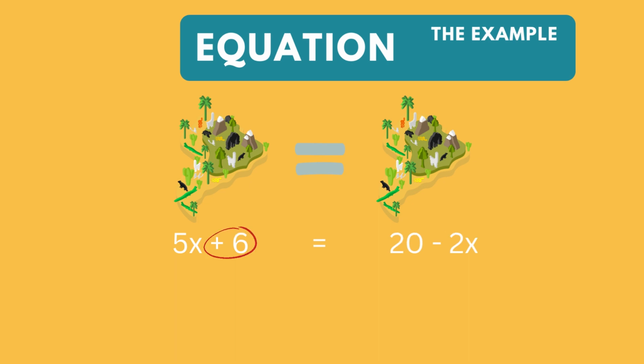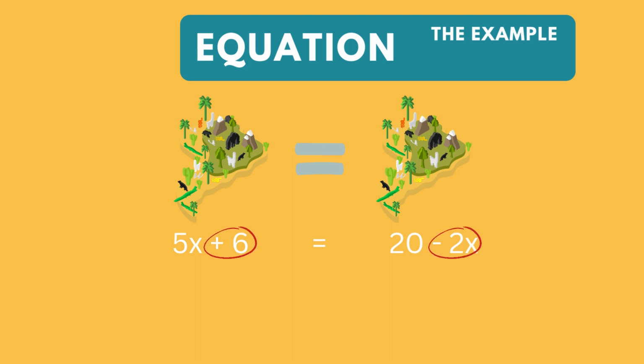Now, we need to consider which ones need to move to another island. Well, plus 6, right? Remember, the left island should use terms with a variable, and plus 6 has no variable. So that person who has plus 6 should move to another island.